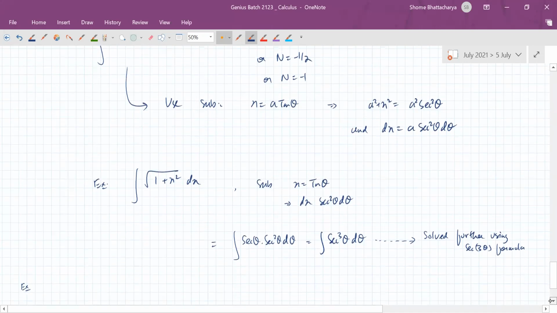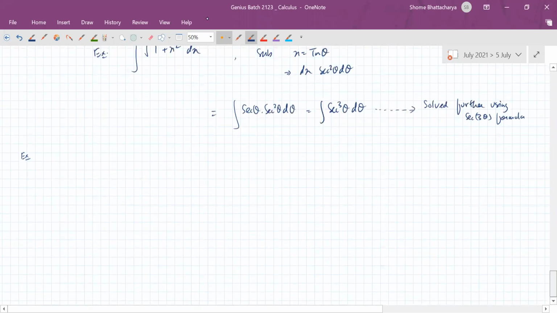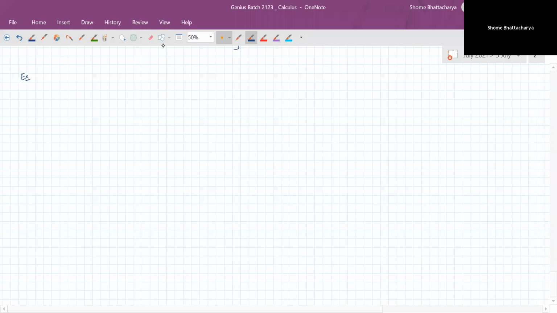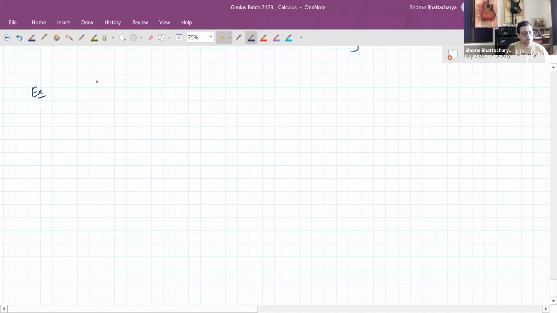Okay, now I also want to show how we can use this kind of substitution with definite integrals. Okay. So suppose I have this kind of thing. x tending to infinity is the upper limit. x equal to 0 is the lower limit.